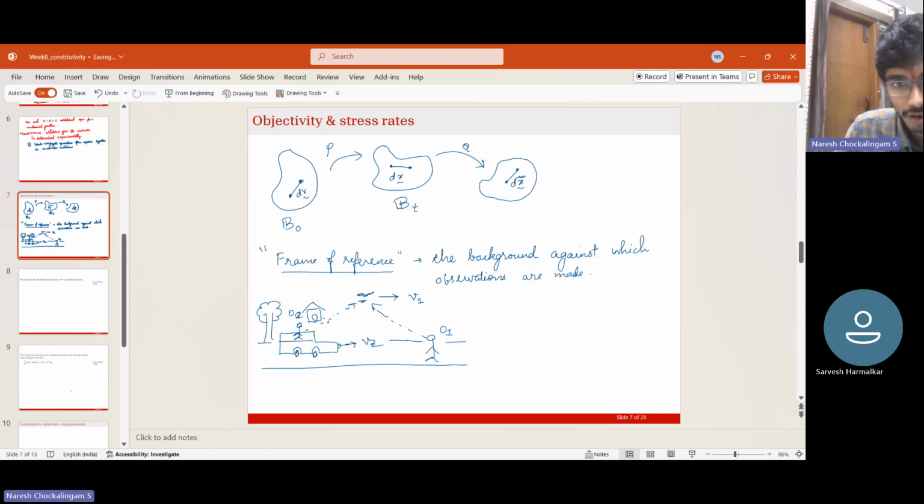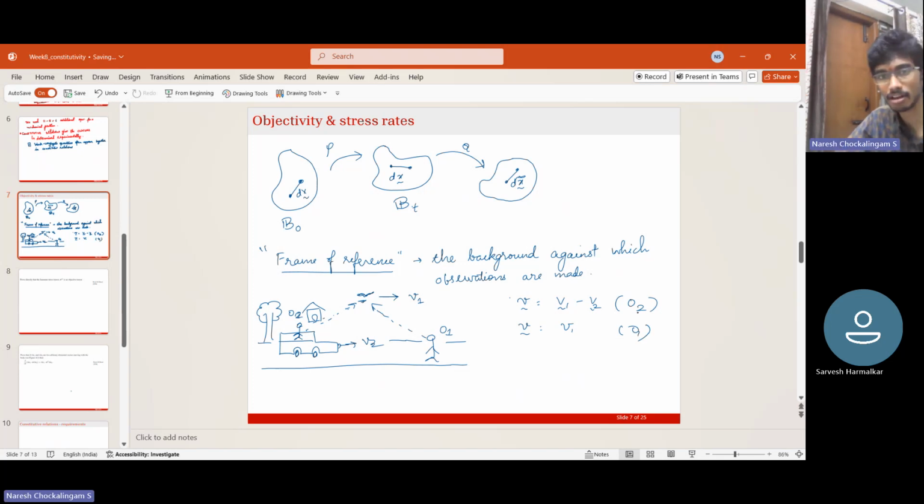Since the observer O2 is moving with respect to the observer O1, observer O2 has to record the velocity of the bird as v1 minus v2, right? So this is the velocity observed by the observer O2, whereas the velocity observed by the observer O1 is just v1.